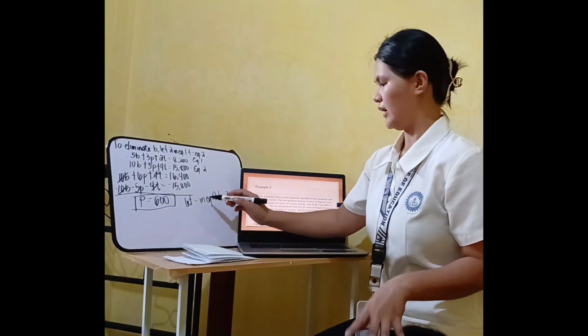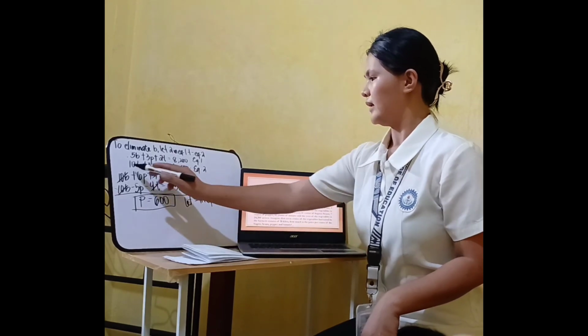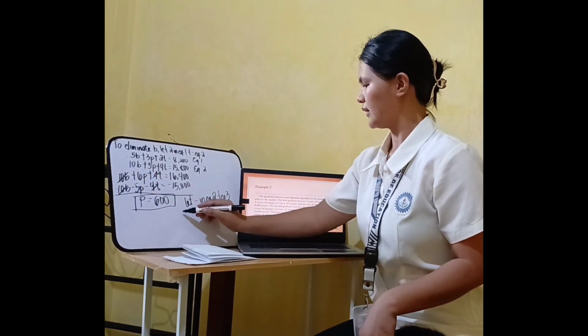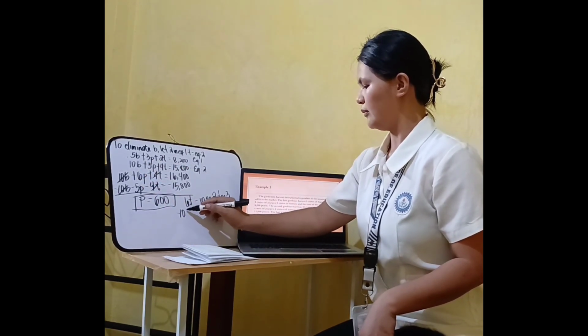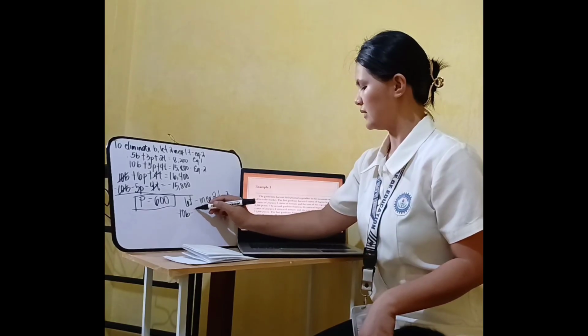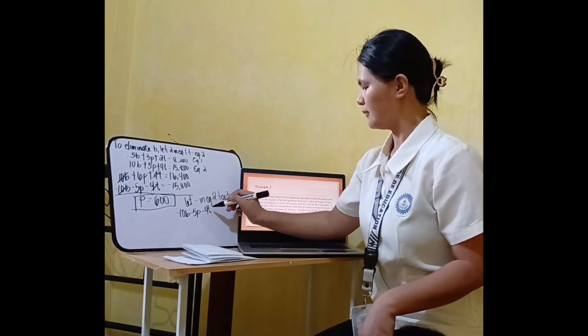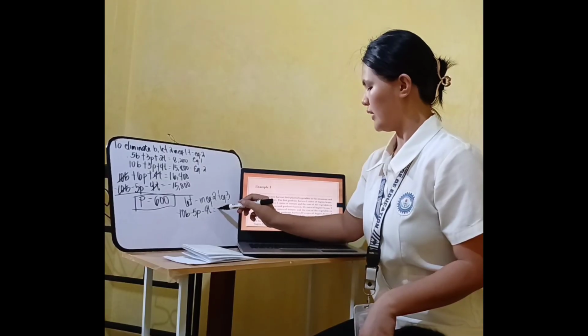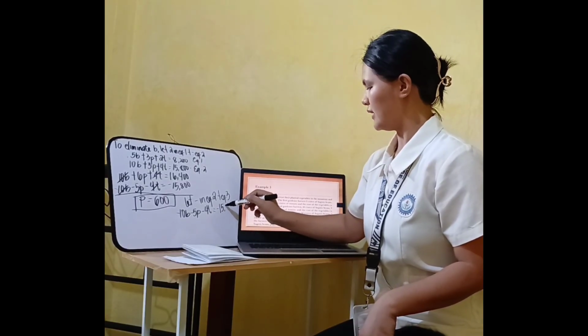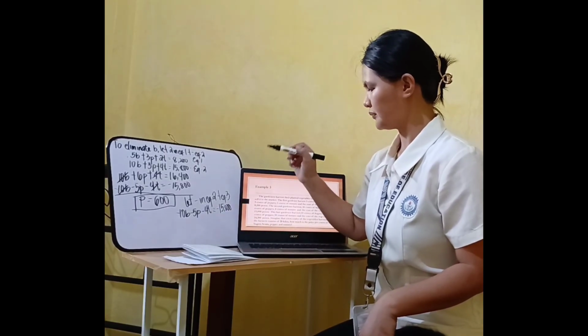Equation 2, this one, negative 10B minus 5P minus 4T is equal to negative 15,800.